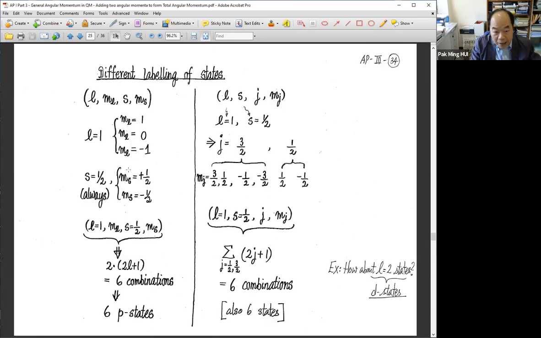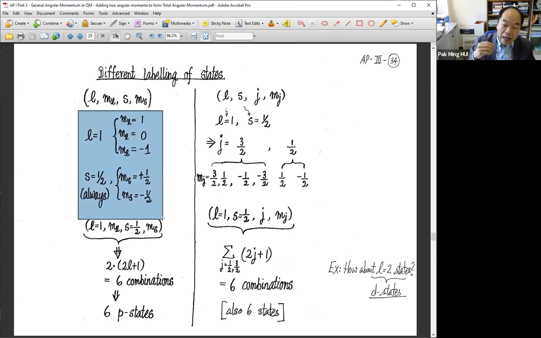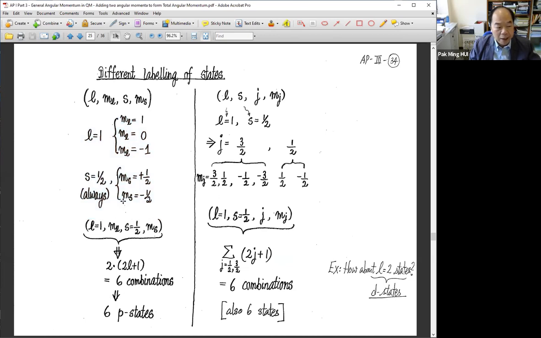So for P states, we have 6 states in the ordinary labeling, meaning orbital angular momentum L, M_L. We have 3 numbers: 1, 0, minus 1. And then you use S, M_S. M_S is spin up, down, plus half, minus half. 3 possibilities multiplied by 2 possibilities gives you 6 combinations. This is the 6 P states.